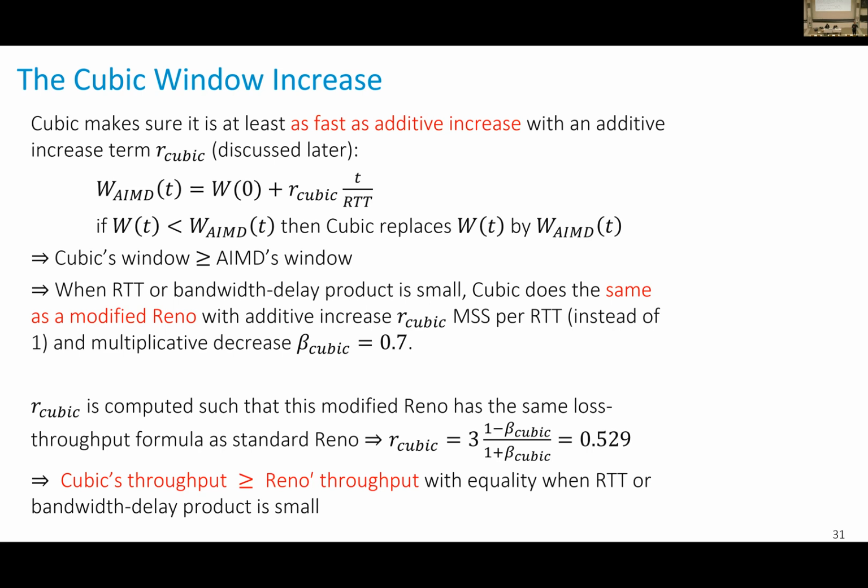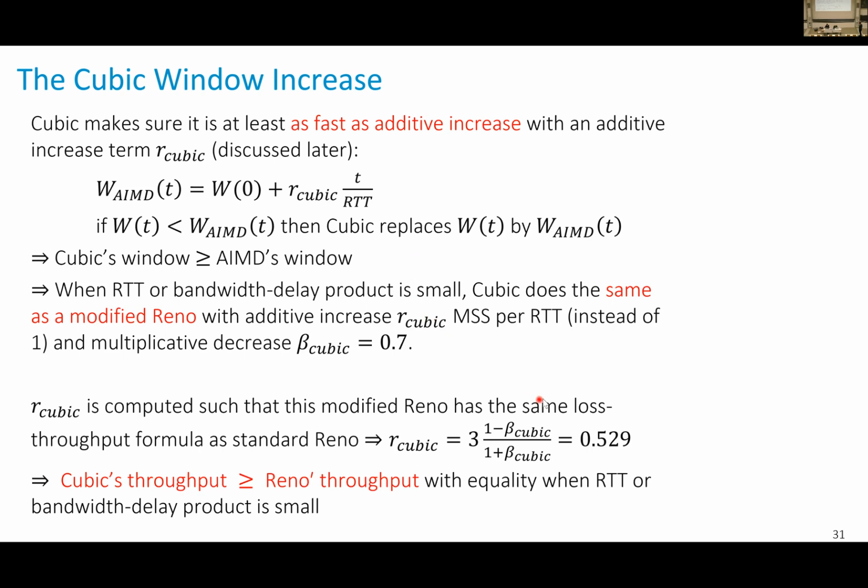Now, if I do the decrease 0.7 and the increase is the same, of course, I will have a throughput that is larger because I decrease less and I increase the same. But we can compensate for the decrease being not as bad by having an increase that is smaller. And by how much should we compensate? Well, we apply the loss throughput formula with generic values of increase and decrease, which is easy to obtain.